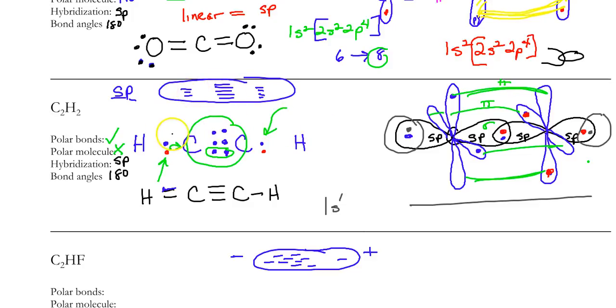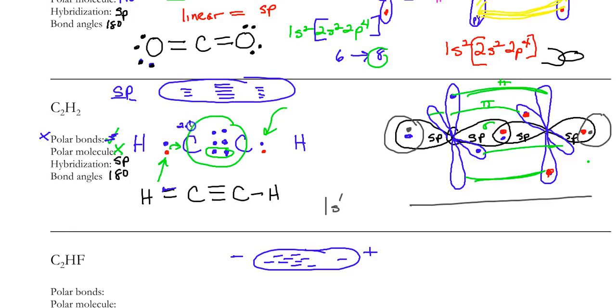Now, we have to understand something: hydrocarbons, carbon-hydrogen bonds, even though these are 2 different nonmetals, I made a little mistake here. This is actually going to be a non-polar bond. So polar bonds, we would say X here. Carbon to hydrogen have about the same electronegativity.